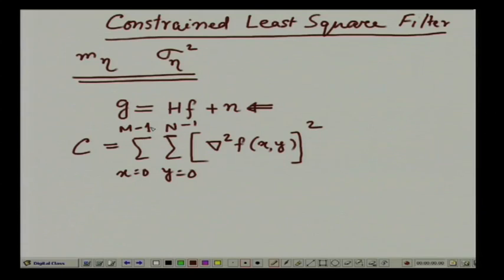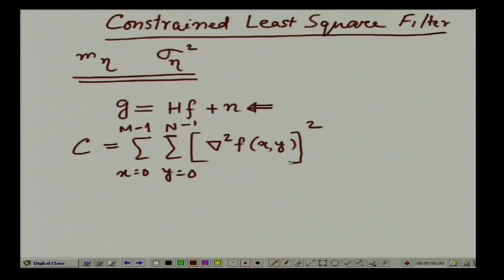So, our assumption is that the image we are trying to reconstruct, or the blurred image that we have obtained, is of size capital M by capital N. Our optimality criteria is given by this, where del square f x y is nothing but the Laplacian operation, so this criteria is Laplacian operator based.